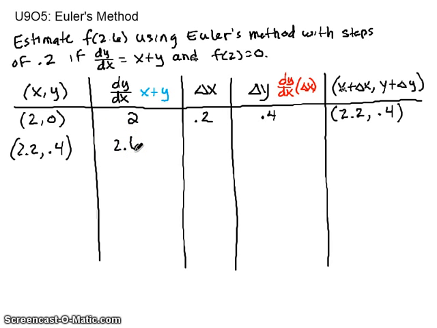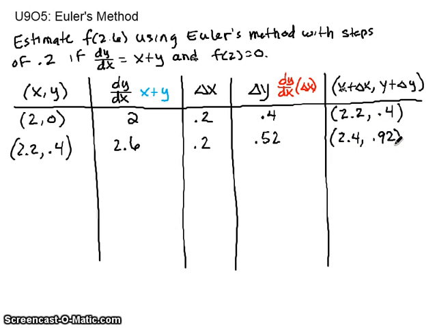Delta x is always, for this problem, going to be 0.2. So to find delta y, we multiply 2.6 by 0.2 and we get 0.52. Then we add our delta x and our delta y to the point that we started with. So we're going to be at 2.4, comma 0.92.